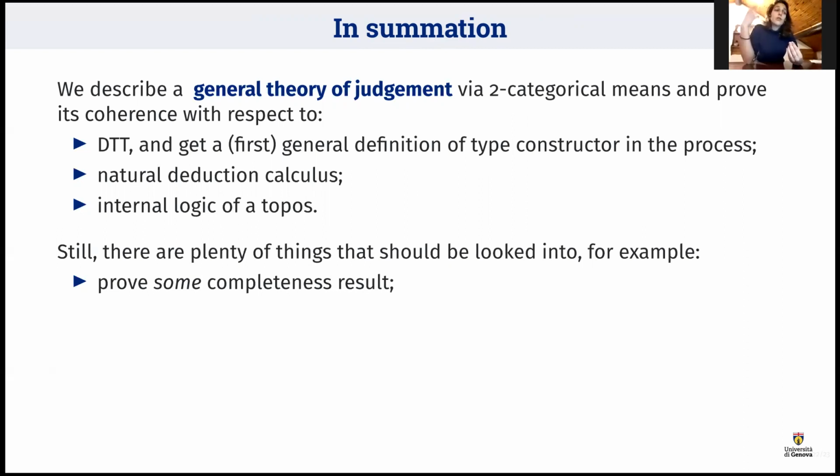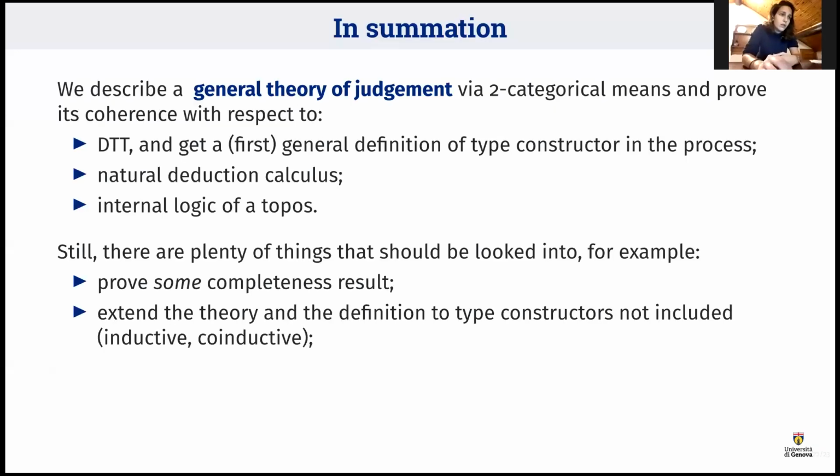But we don't have a completeness result, sorry, meaning that we wish we knew that whatever diagram we write had a corresponding deduction, so that it makes sense. That we don't have. We're working on it.